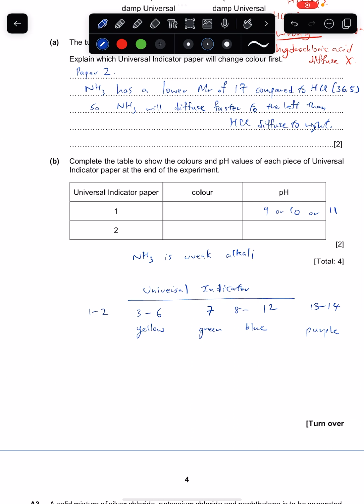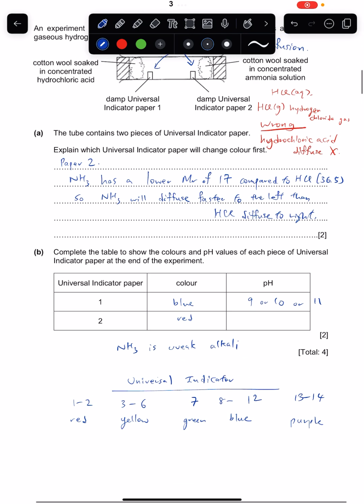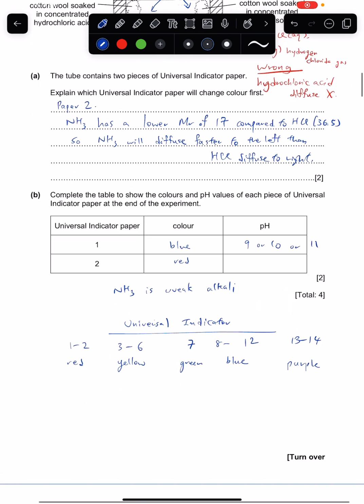Then 1 to 2 is red, very acidic. So in this case, this is actually a blue, and this is a red. I mean, the pH of 1 or 2, very likely, because it is your HCl. Remember at the very start of the video, HCl is your strong acid, so it should have a very low pH.